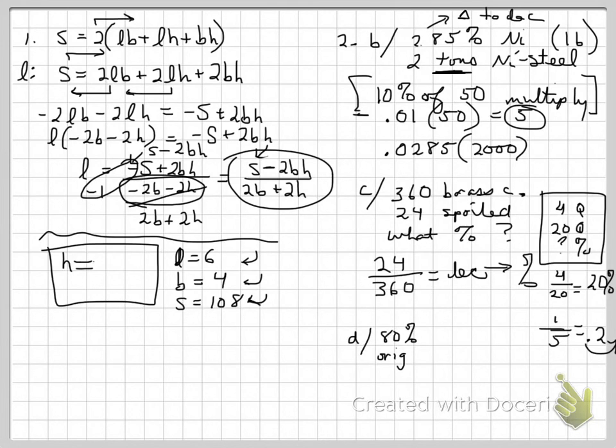So that's the original amount. That's what my question is. And 80% of it is the 16. Okay. So how would I do that? What I'm saying is 80% of what is 16.